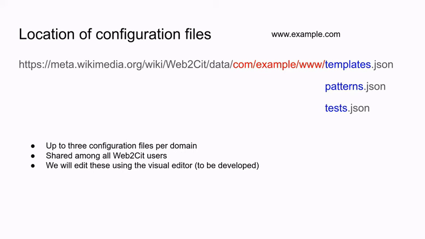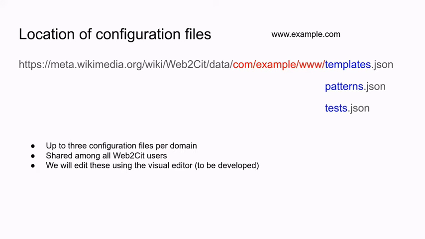And then we said that we had three possible configurations: the templates, the patterns, and the tests, which we haven't talked about. I promise I will talk about it later. For the templates, we go to templates.json. For the patterns, we go to patterns.json. And be aware that if you change these configuration files, you will be changing Web2Cit translation for all Web2Cit users.